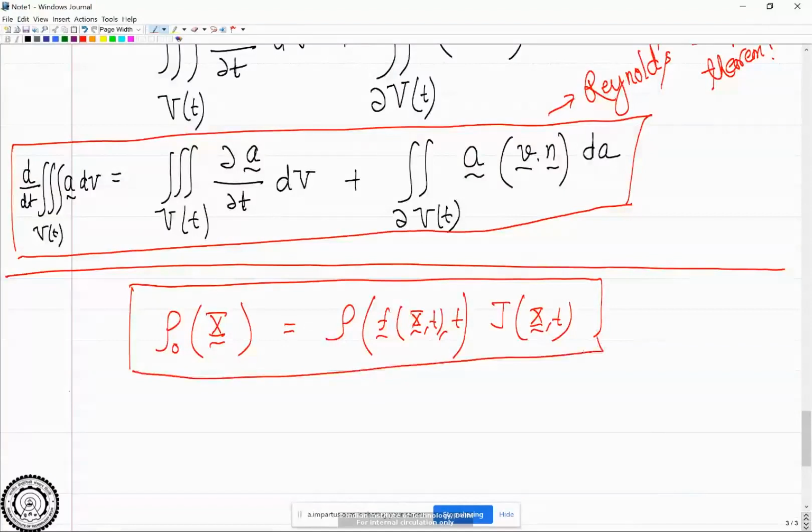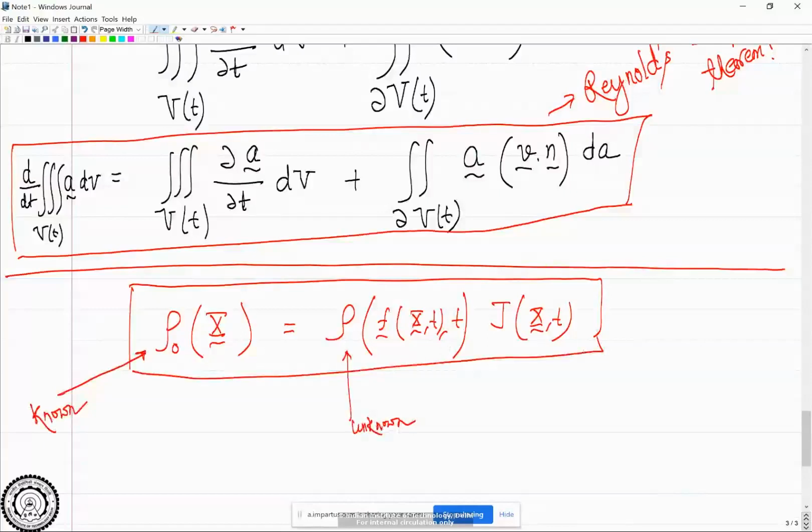See, this referential density will be known, and this is unknown. So this equation allows you to obtain the current density in terms of the referential density.